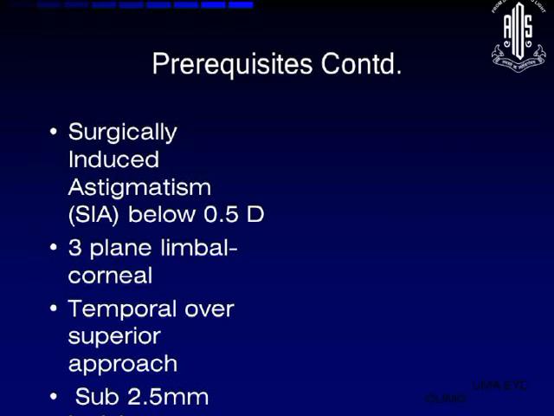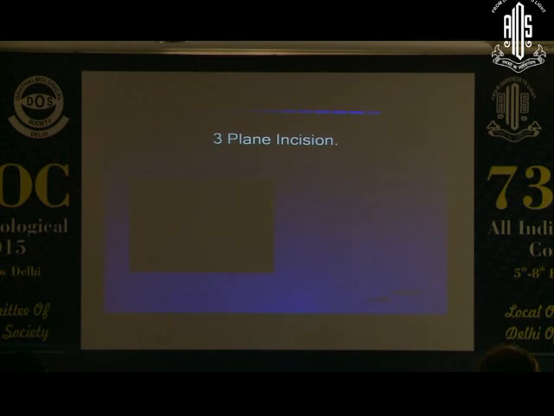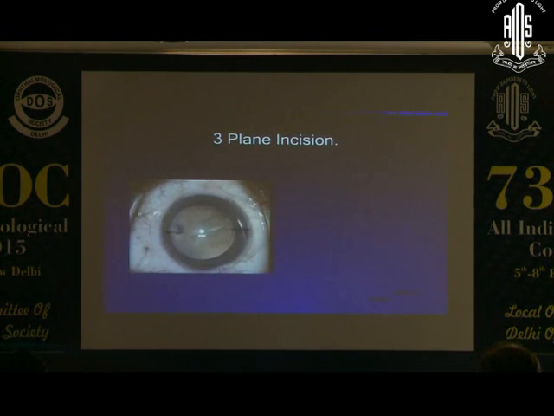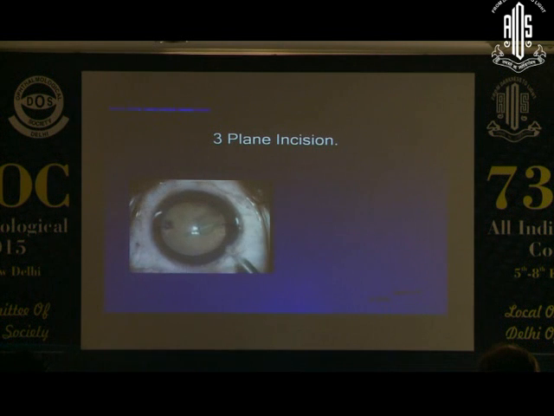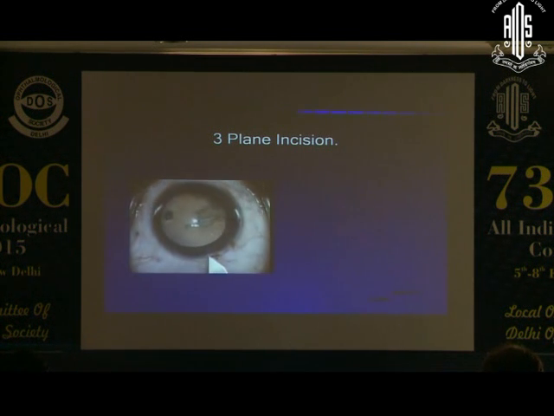And studies have shown that the temporal over the superior approach is better, and sub 2.5 millimeter incisions are astigmatism free. This is a good video to show how you make the incisions.